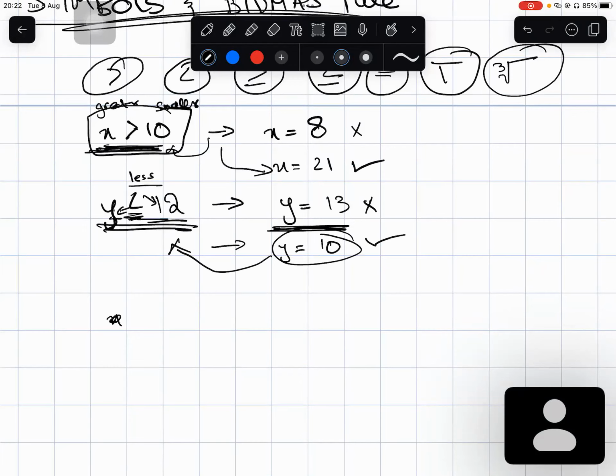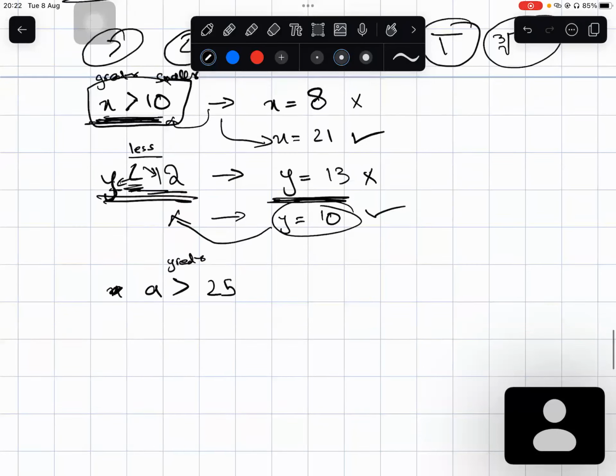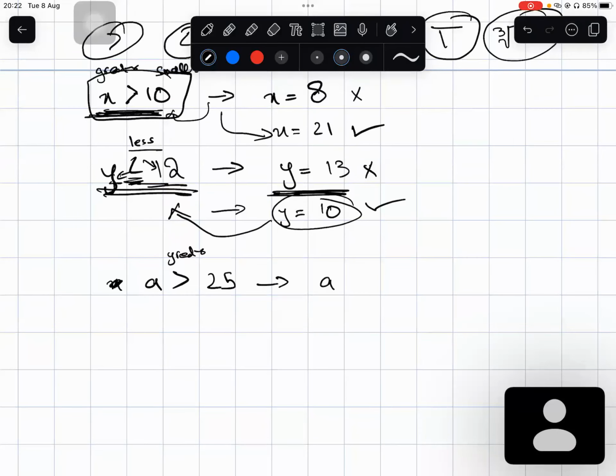Let's just say A is greater than 25. See, the open face is towards A, which means A is greater than 25. Now you see this written, A is equal to 10, for example.